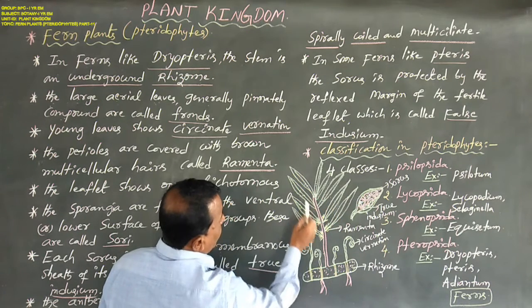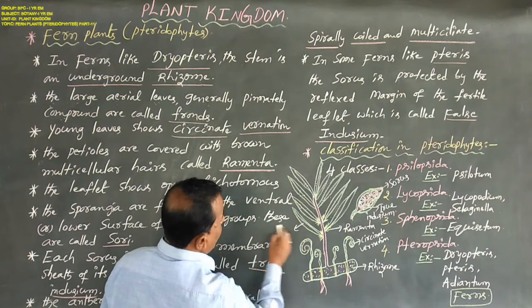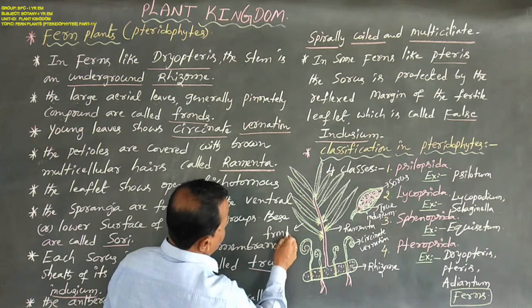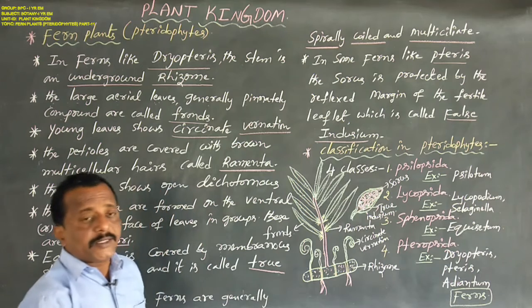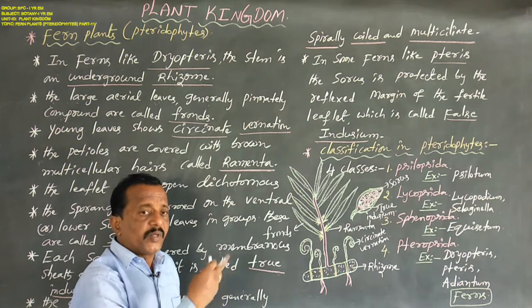These pinnately compound leaves are named fronds. In fern plants, fronds appear as leaves.